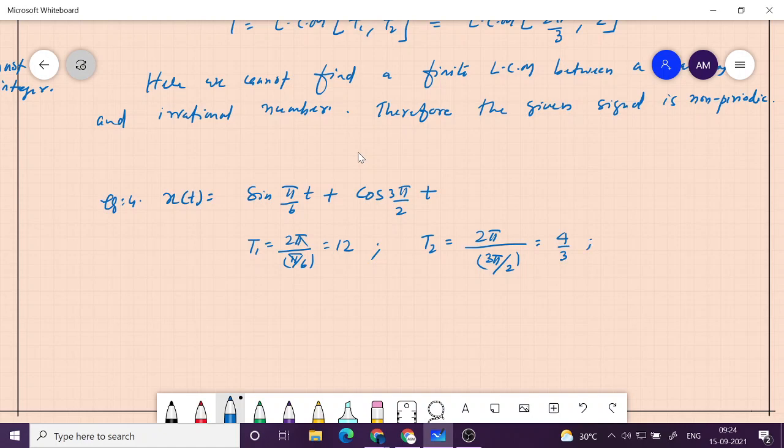Then T is equal to the LCM of 12 and 4 by 3. I have no problem, both are rational numbers, so the LCM is 12 itself. The first multiple is 4 by 3, then 2 times 4 by 3, 3 times 4 by 3, and if you continue like that, you will finally come to 12.